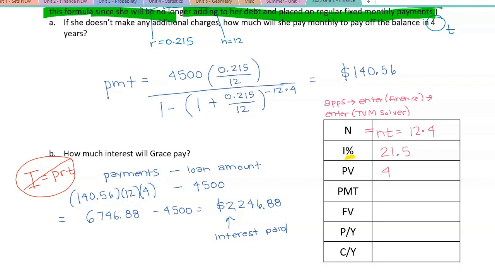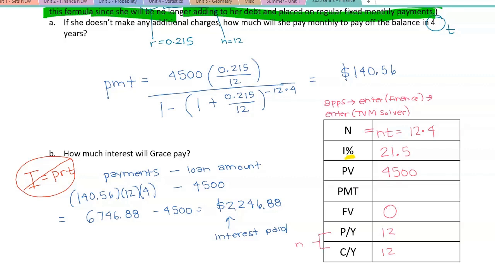The PV is 4,500. Payment is what we're solving for, so I'm going to come back to that. FV is going to be 0 because in the future, this credit card will be paid off and the value of it will be 0. Our PY and CY, these are both little n.